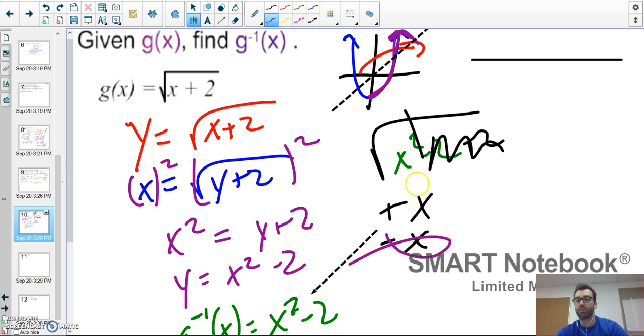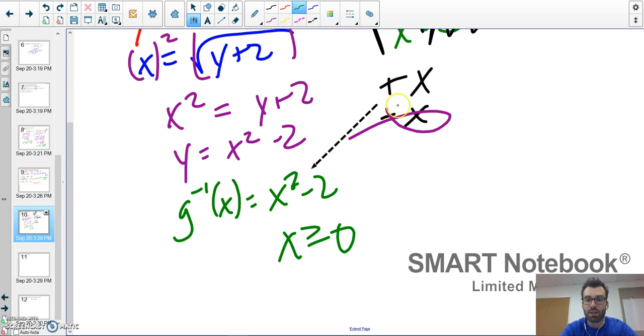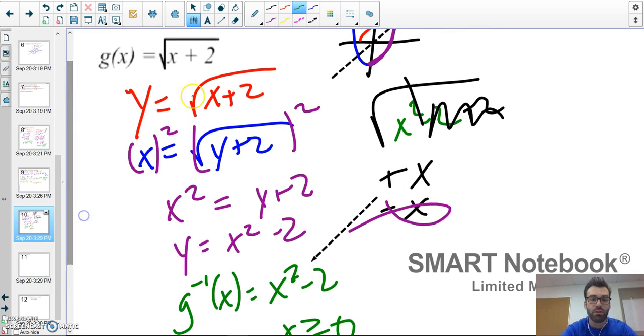I don't want any negative numbers here, because if I think about it graphically, the reflection of the negative portion of our x squared minus 2 graph, or of our parabola, does not reflect over that line. So this is my inverse with the restriction that x must be greater than or equal to 0. X must be positive, because my original function was positive as well. That's a little restriction for you, okay?